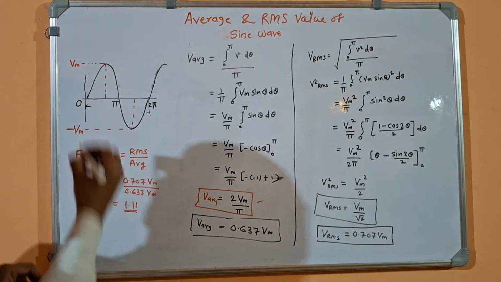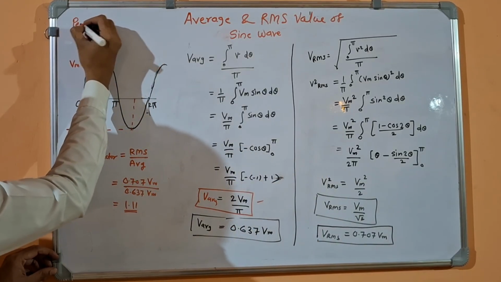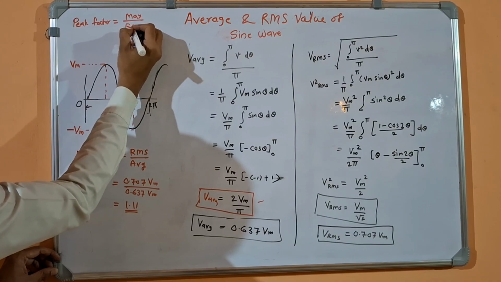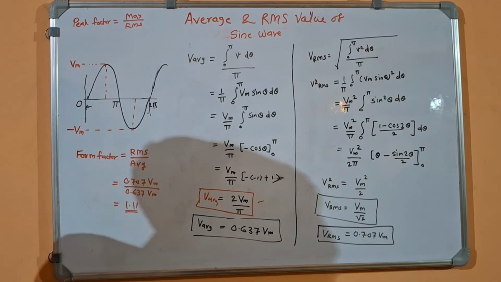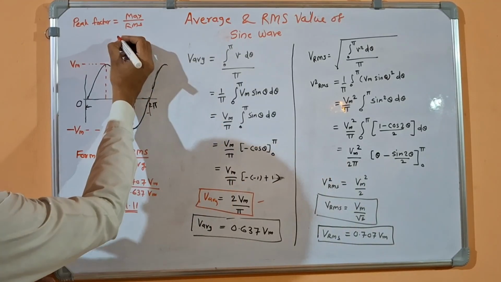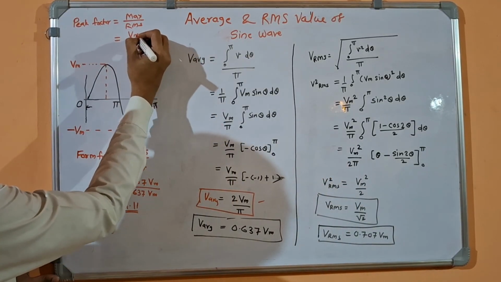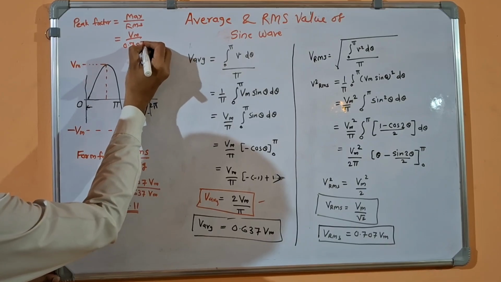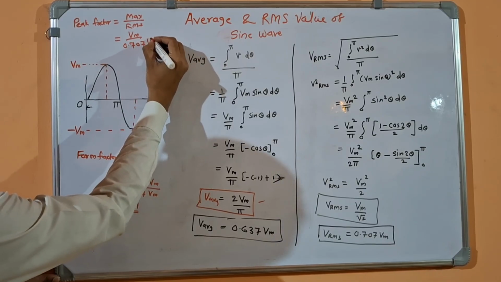Second factor is peak factor. This is nothing but maximum divided by RMS. Okay, maximum value of voltage divided by RMS value of voltage. So maximum value is Vm, and RMS we just solved is 0.707 times Vm.